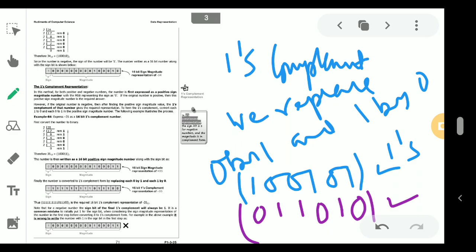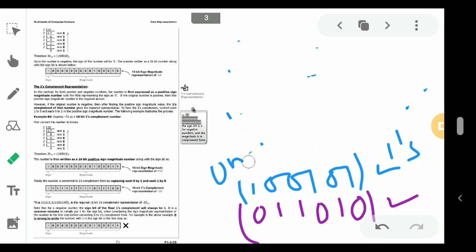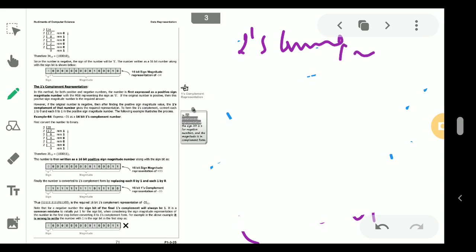Okay, now we are moving on to the two's complement concept. How to find out the two's complement value? To find the two's complement value, what you have to do is find the one's complement value first.